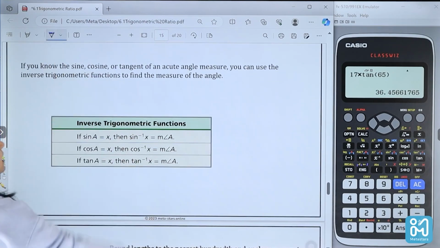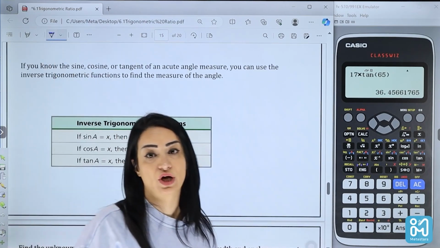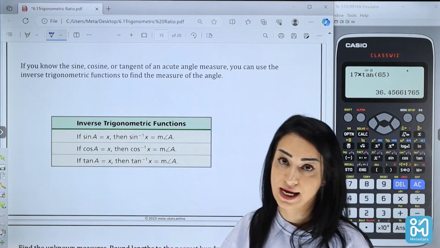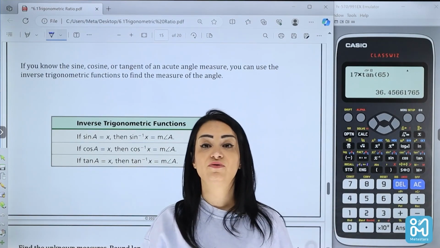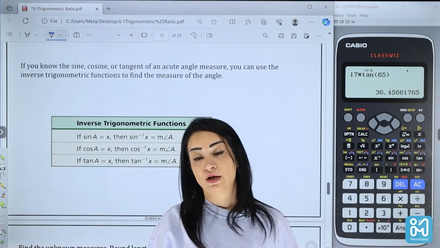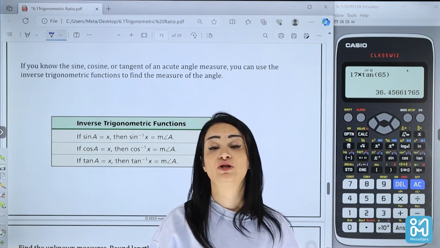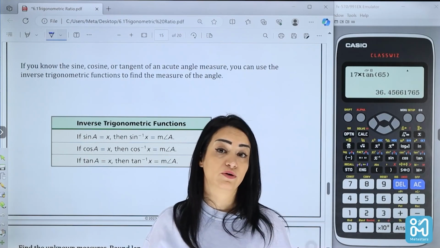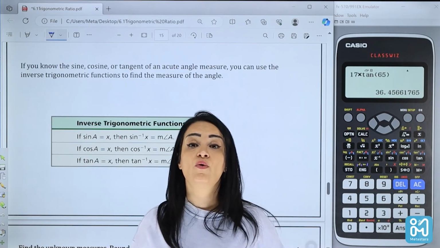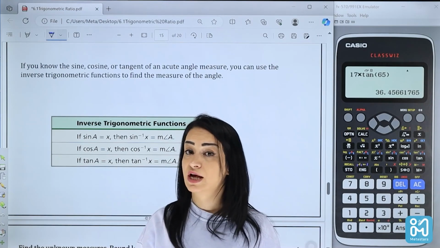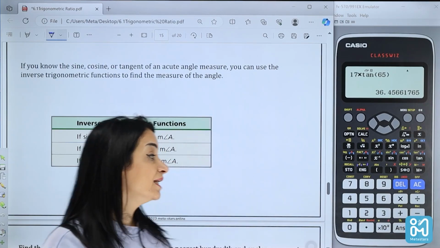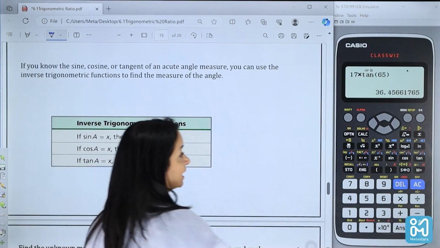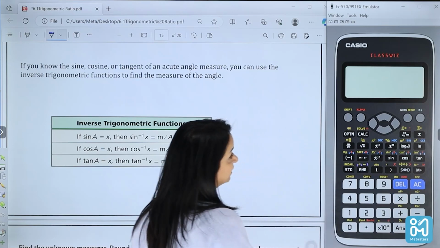Okay, now if I have the value of the sine, cosine, or tan, and I need to find the measure of the angle, what do we have to do? In this case, we will use sine inverse, cosine inverse, or tan inverse. To get them on the calculator, we have to do what?